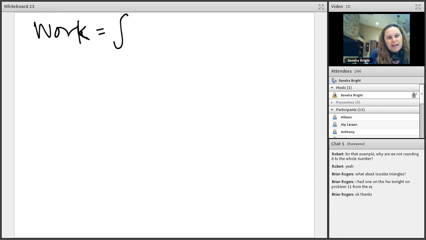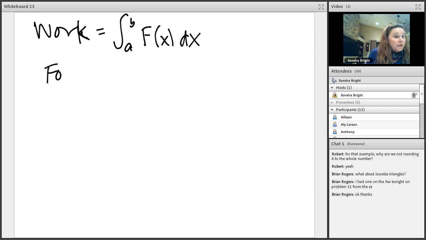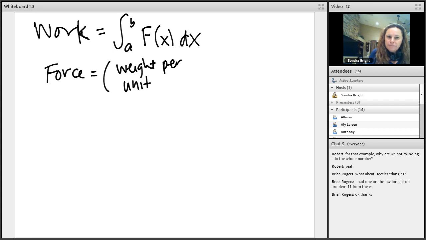You're going to integrate from a to b of your force function. Force, keep in mind, is the weight per unit of volume times the volume.